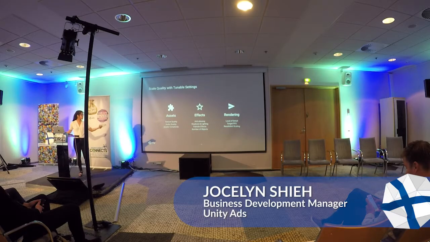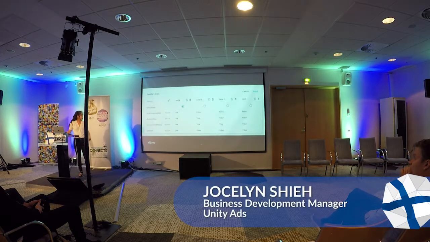So any sort of assets like textures, shaders, any sort of effects, shadows and lighting, rendering, target FPS, those are all available to be supported by LiveTune. And you can go in, tune them, decide how many particles, how strong the shadows are, et cetera, in your game. And you have a lot of control over everything you want to tune in the game.